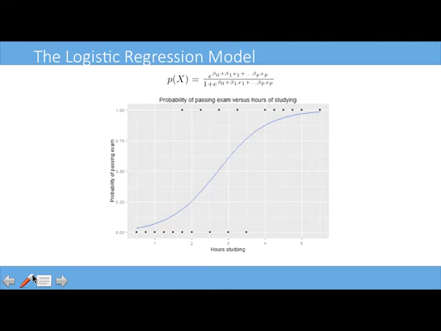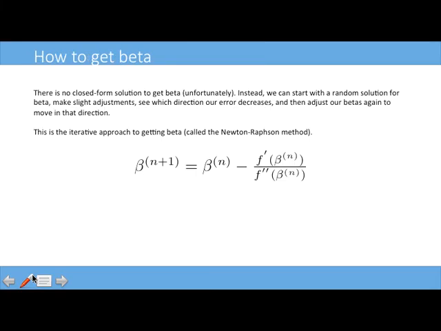When we spit out probabilities, say 0.6, then anything greater than 0.5 we assume to be 1, and anything lower than 0.5 we assume to be 0. That can change, but that's just a natural way of converting the probabilities back into classes. So, any other questions? All right, cool.